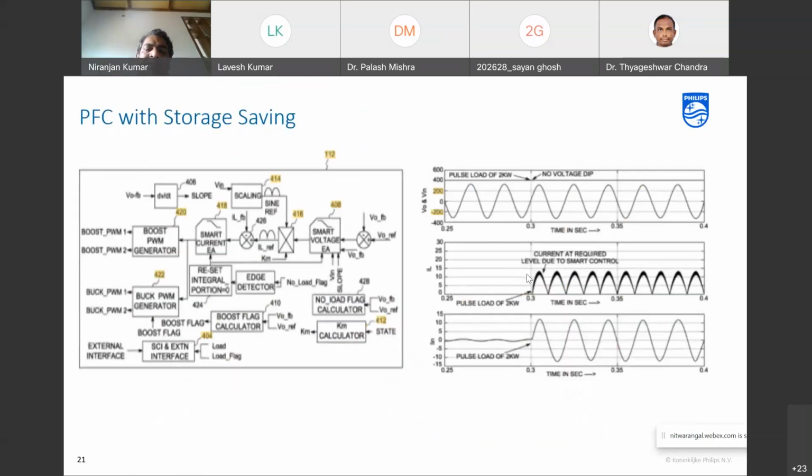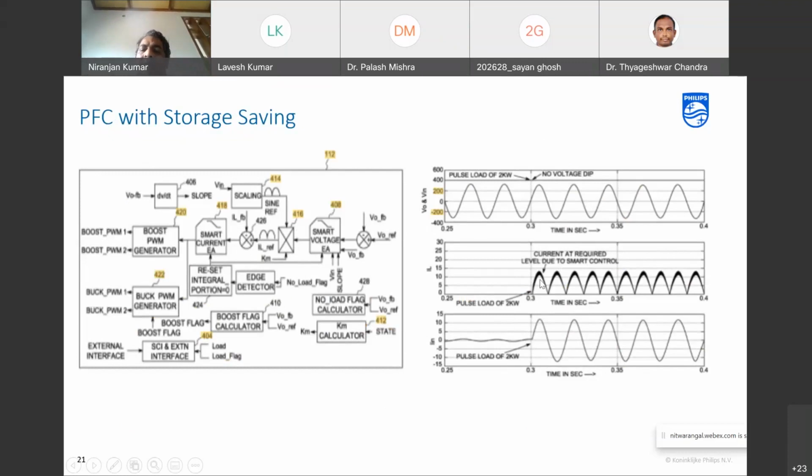Similarly, one of my work items from very early in my career was on PFC: how we can reduce the total size of a power factor correction unit so that it is compact. My work was on the algorithm, and the whole idea is very simple.